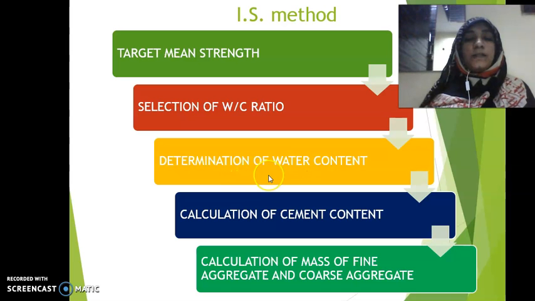After determining the water content, we have to calculate the cement content. Cement content can be calculated by knowing the values of water cement ratio and water content. Then the last step is calculation of mass of fine aggregate and coarse aggregate. These are the important steps in the IS method.